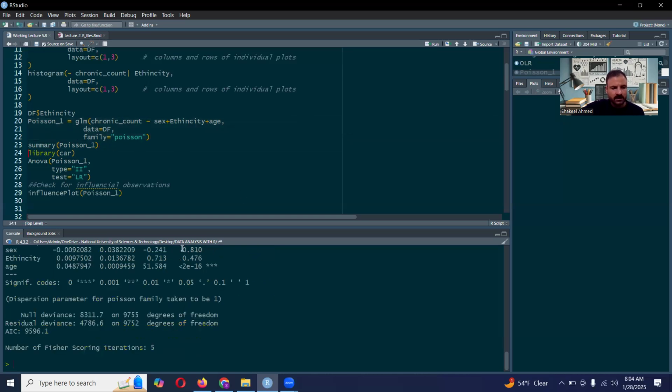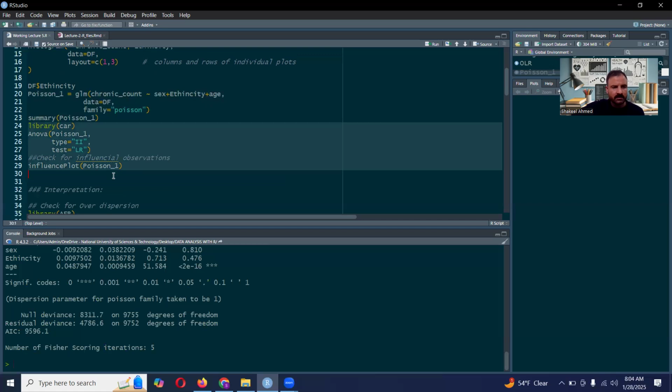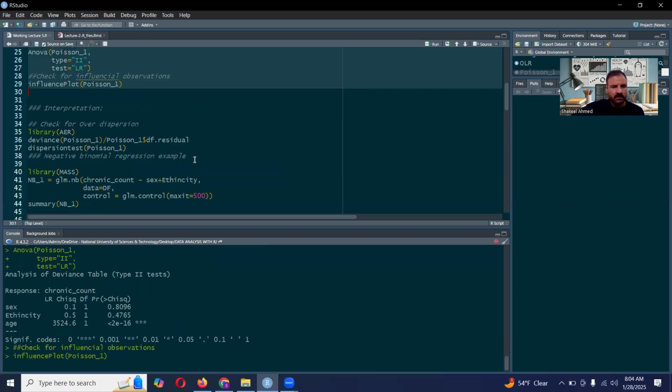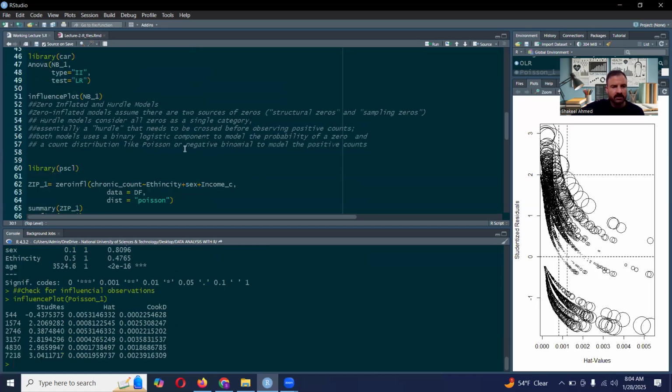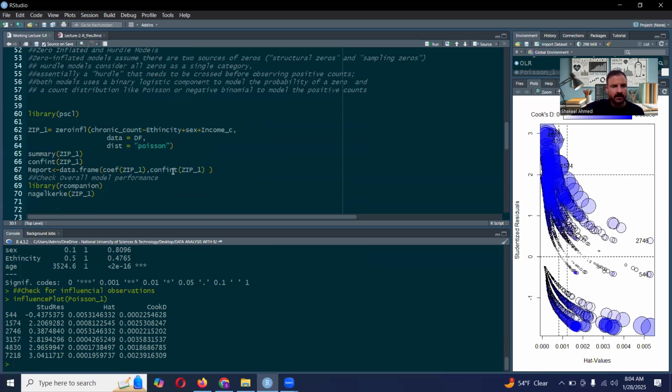These are the results of the Poisson model, and you can check for the influential observations as well. But we are going for zero-inflated models. And the first is the zero-inflated Poisson model.